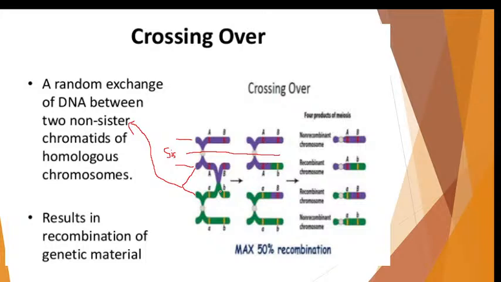So crossing over is defined as the mutual exchange of segments between the non-sister chromatids of the homologous chromosomes resulting in the recombination of genes.